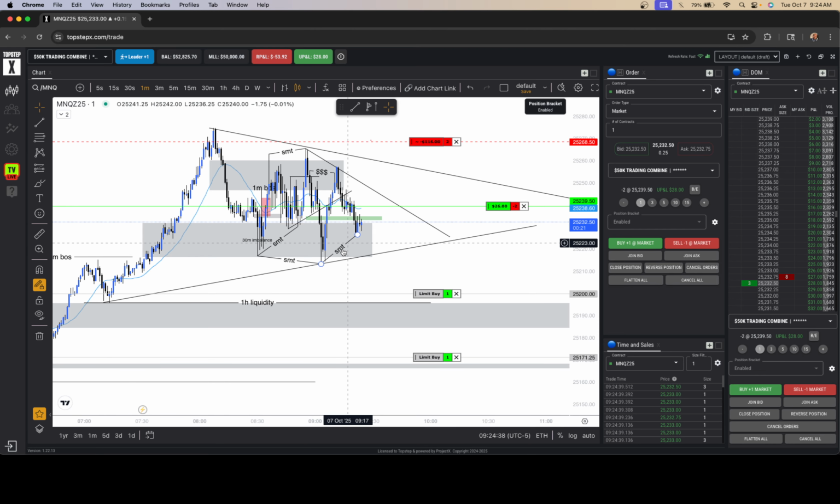But this could be the manipulation hold, which this is ES right now. And that could be ES's manipulation, and this is the hold for NQ's manipulation to go back up.